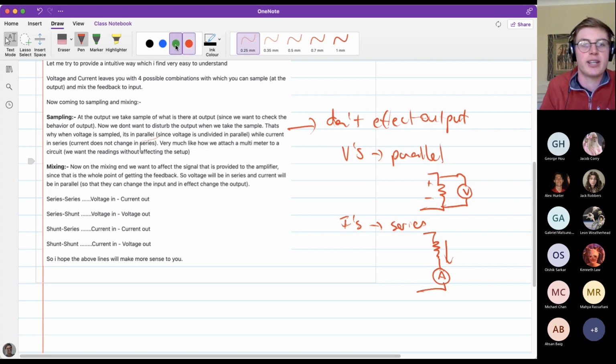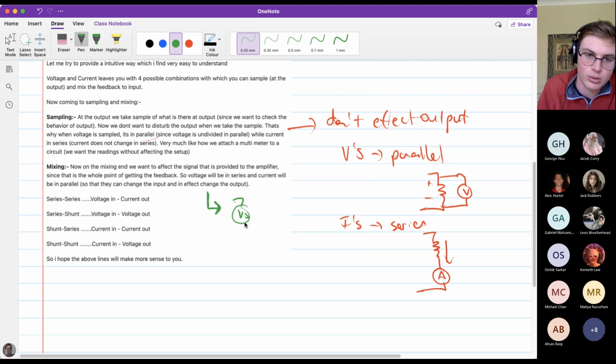It's actually the opposite at the input. So at the input, what we want is to be able to affect it, right? Because we're using feedback to feed back into our system. So we want to add a voltage in series. Let's just say this is our V source.